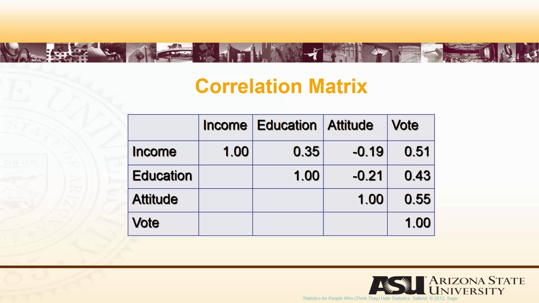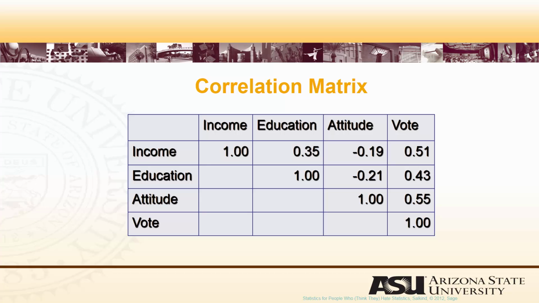And the more education that someone has, the lower they scored on this attitude measure. So we don't know whether the attitude measure measures a good attitude or a bad attitude or only certain parts of an attitude. All we know is that as education increases, attitude tends to decrease. Or as attitude increases, education tends to decrease.